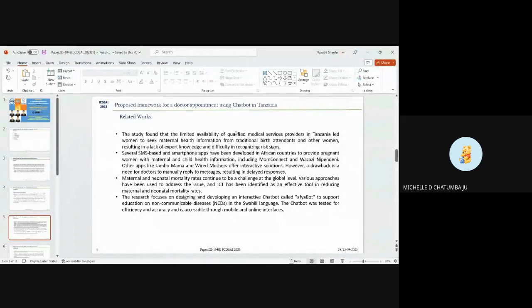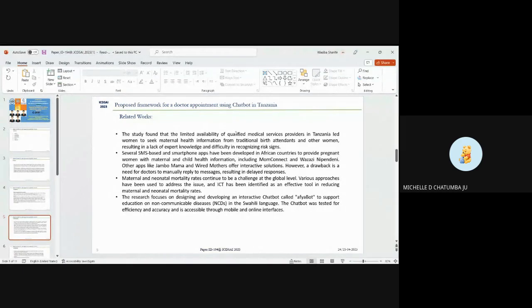Also, there is research focused on the design and development of an interactive chatbot called AfiaBot, which supports education on non-communicable diseases, NCDs, in the Swahili language.